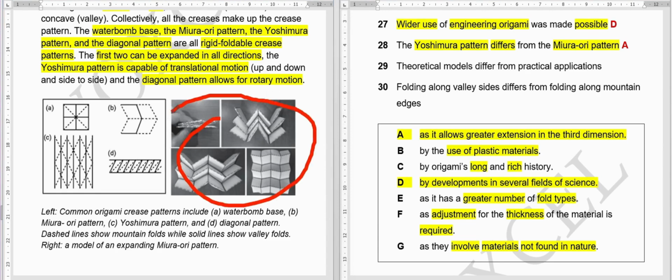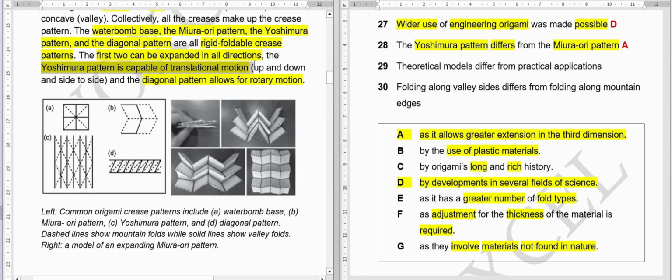Okay. Now if you look here, this particular thing is only two dimensional, so you can only expand it. But for the second one, they are saying that the Yoshimura pattern is capable of up and down and side to side. So the 3D motion is greater here. I hope it is clear.